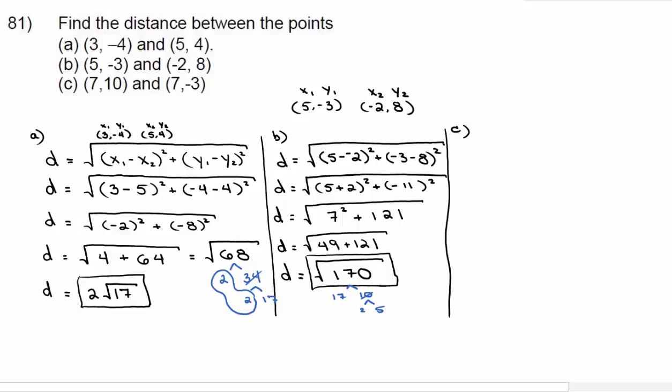That's better. C is going to be 7 comma 10 and 7 comma negative 3. So let's label these x sub 1, y sub 1, x sub 2, y sub 2, and let's substitute into the formula.